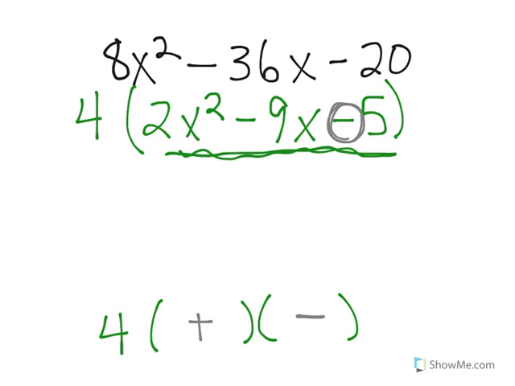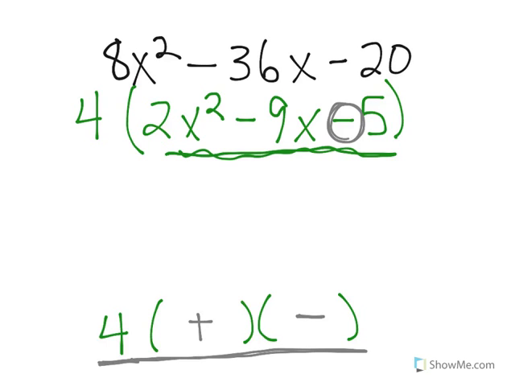So this is a little note to myself that my final answer will be a product of 4 times 2 binomial factors, and of those binomial factors, one will have a positive and one will have a negative sign.